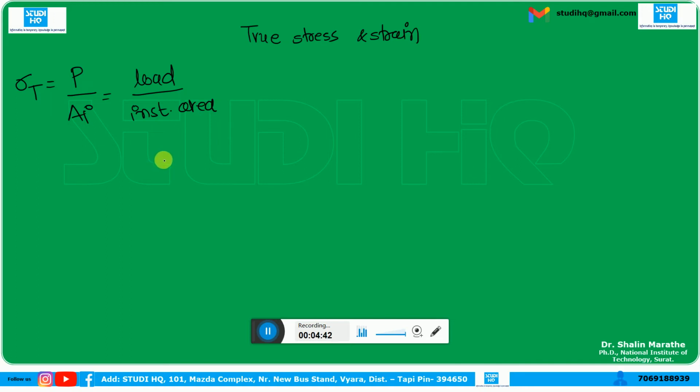It is the area at that instant of deformation. So that is what we can say the actual area while deformation at that particular instant.